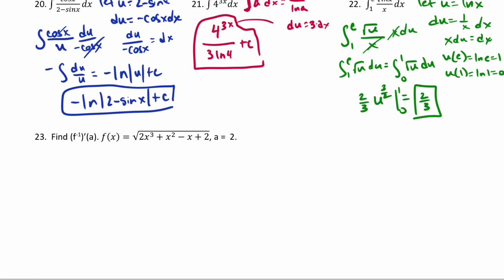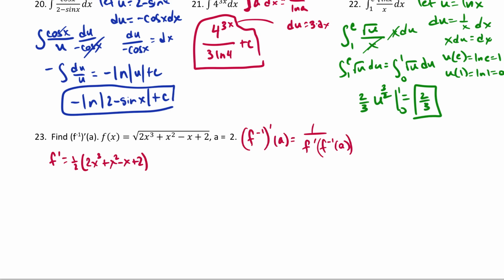Again, we have an inverse derivative problem. So our inverse derivative formula that we've memorized by now is that the derivative of the inverse at a is equal to 1 over f prime of the inverse of a, like that. So it means I need a derivative. And finding a derivative here, this is a root, so this will be 1/2 of this stuff, so 2x cubed plus x squared minus x plus 2 to the negative 1/2 times 6x squared plus 2x minus 1.